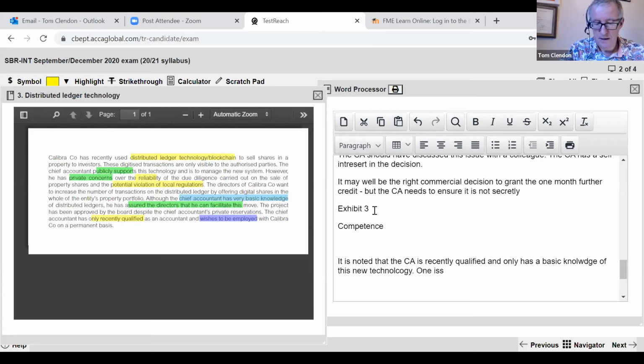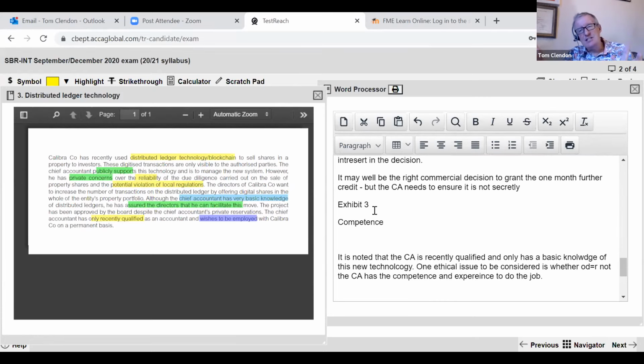One ethical issue to be considered is whether or not the chief accountant has the competence and experience to do the job.